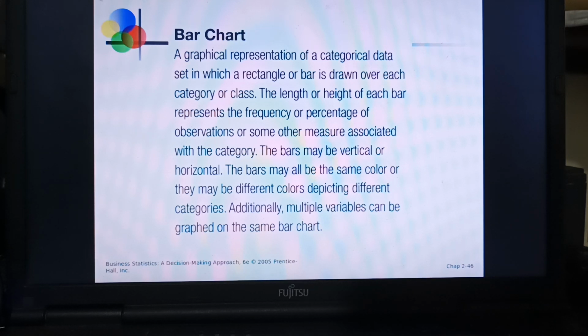The bars may be vertical or horizontal. The bars may all be the same color, or they may be different colors depicting different categories. Additionally, multiple variables can be graphed on the same bar chart.